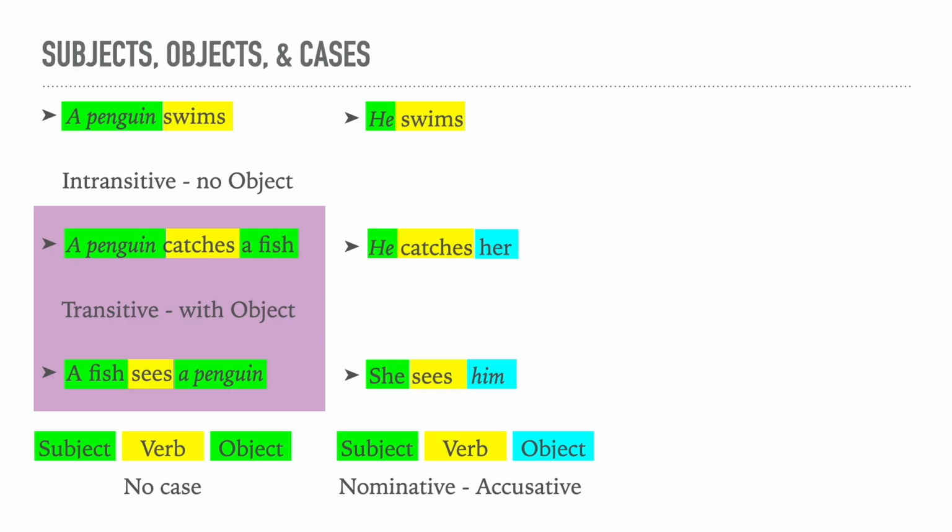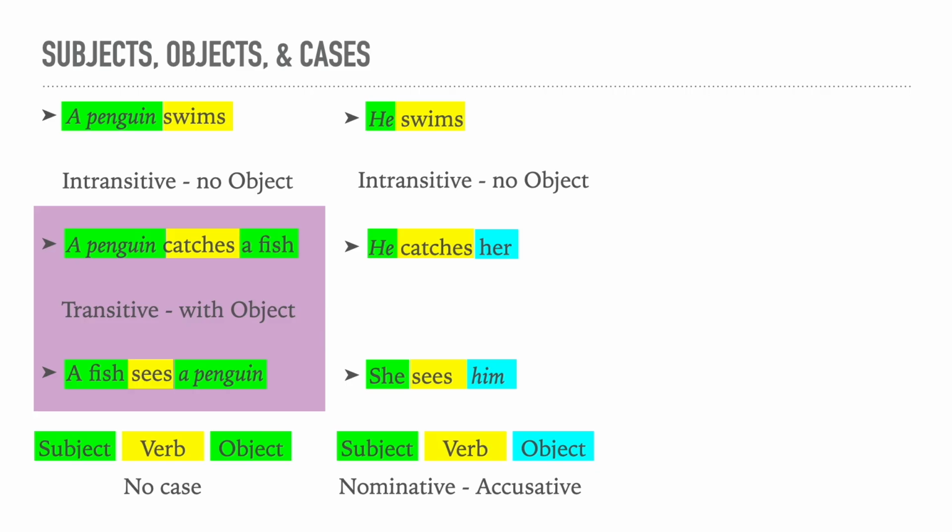And a lot of languages around the world do this to all of their nouns, especially in First Nations languages in Australia. So if we can imagine that this process of going he, she, him, her, etc., if we can apply that to all nouns, then we've got a case system.